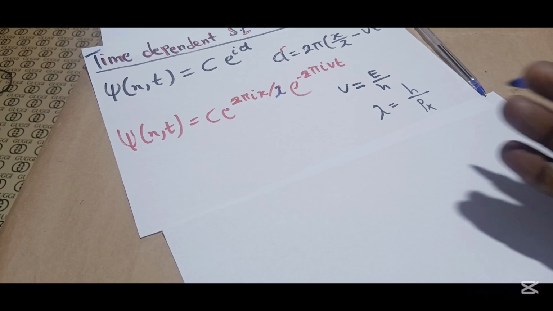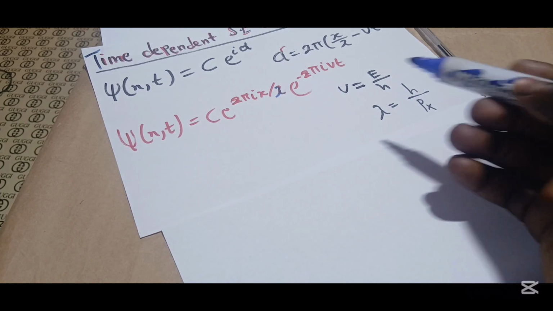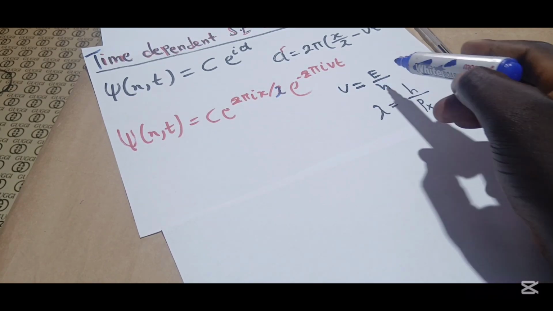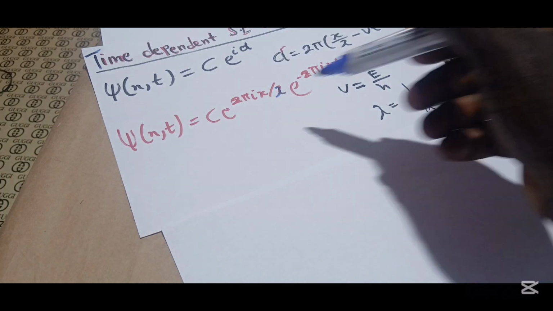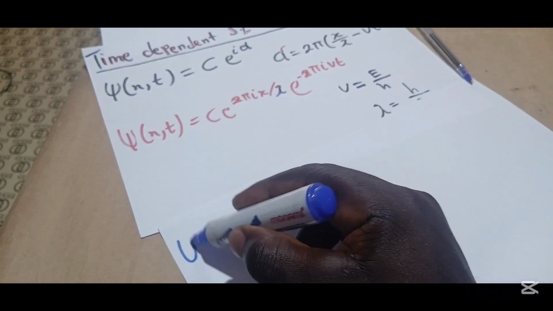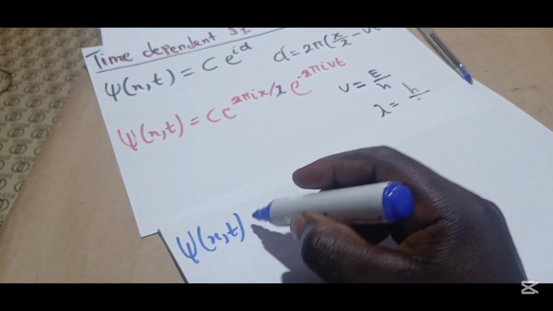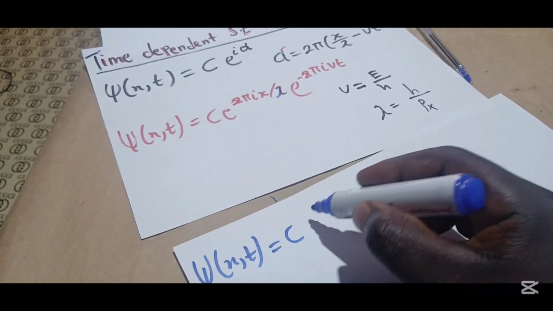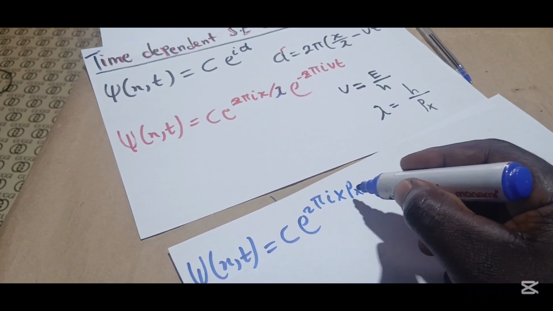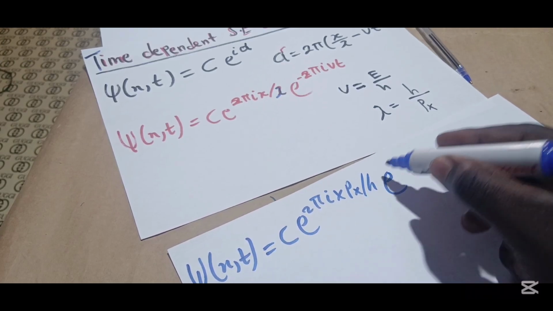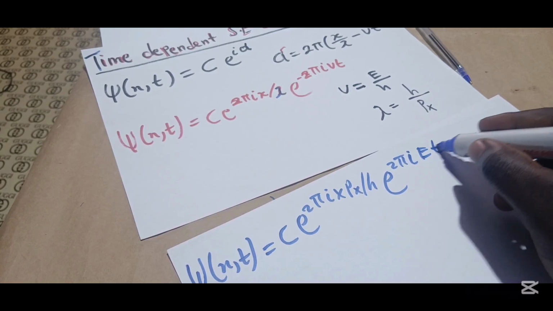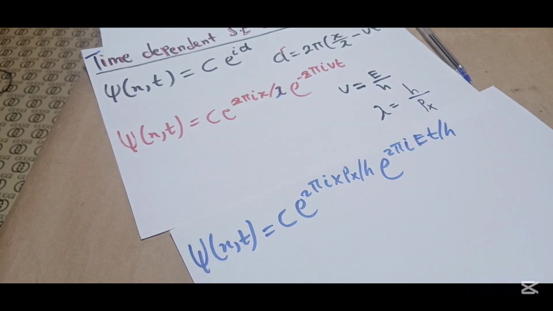We are trying to incorporate de Broglie's assumption into the wave function, and the Planck-Einstein relation, which contains the total energy of the system, into the wave function. Doing that, we get our wave function psi(x,t) equals C e to the power 2 pi i x px over h, times e to the power minus 2 pi i E t over h.